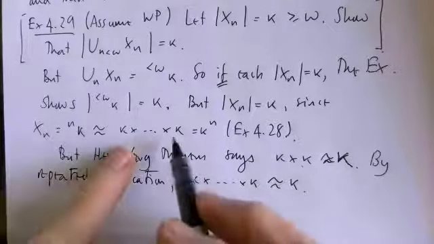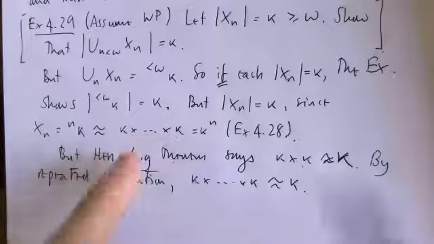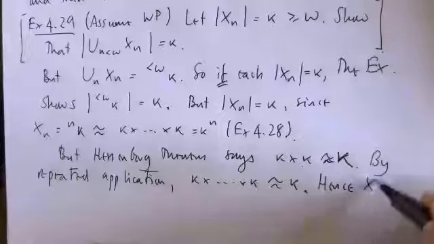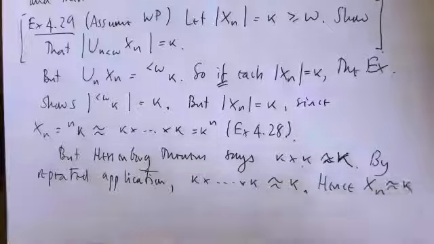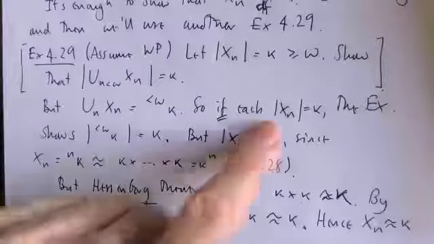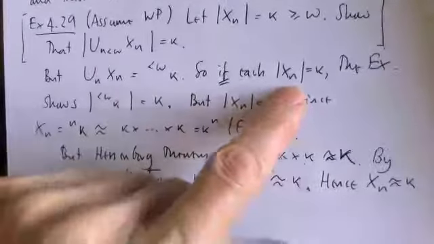So Xn is bijective with kappa. Which is what we were trying to show here. We wanted to show each Xn had got size kappa.